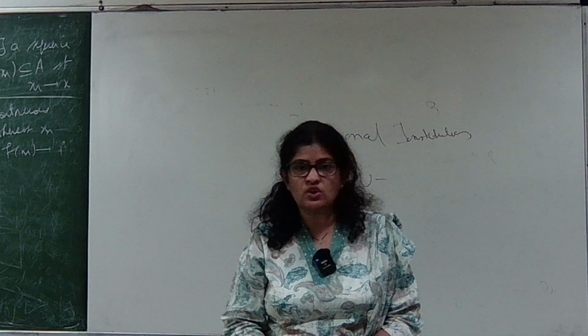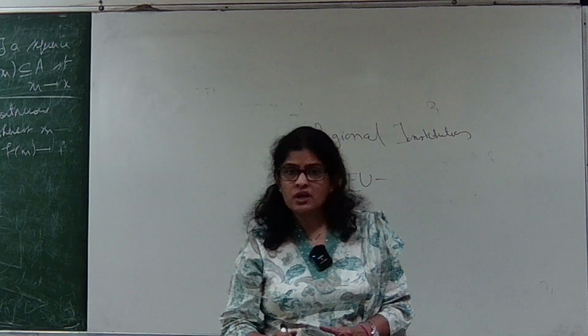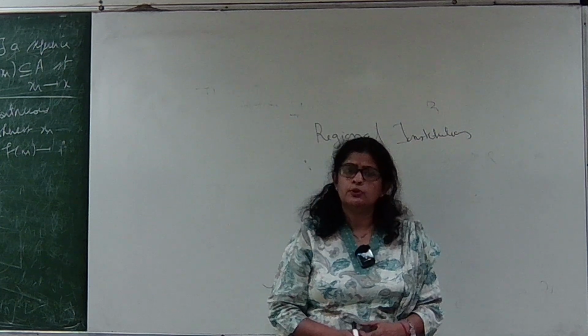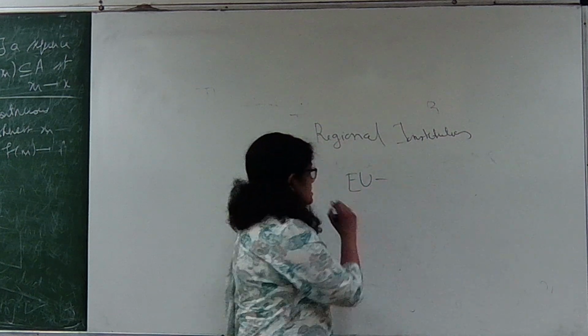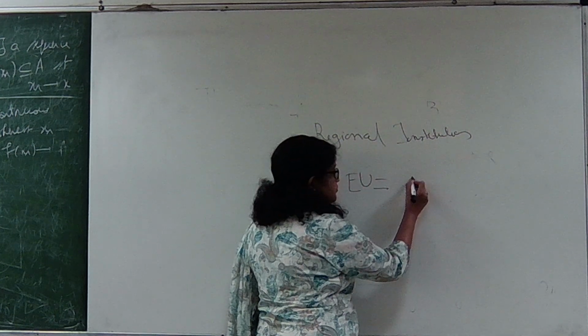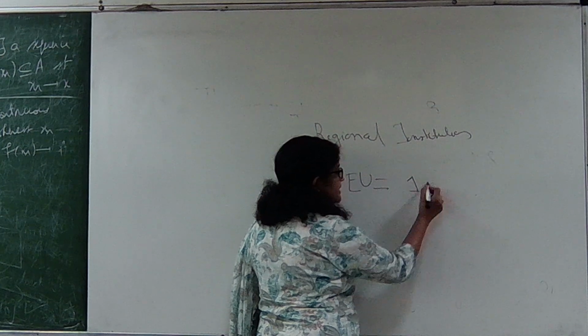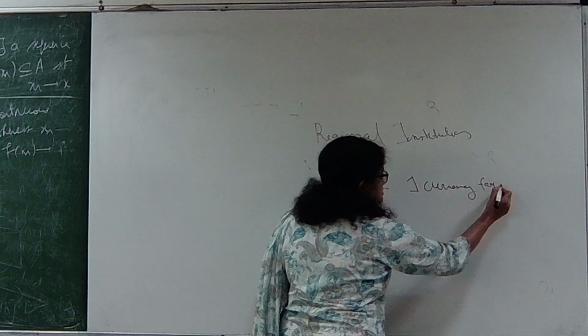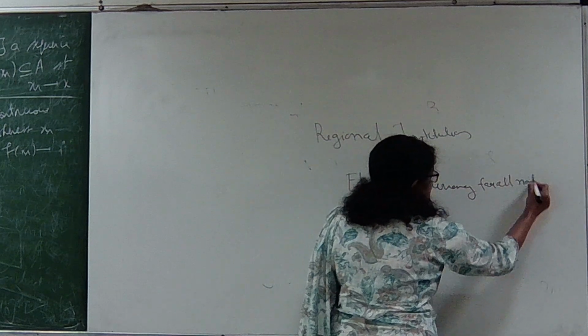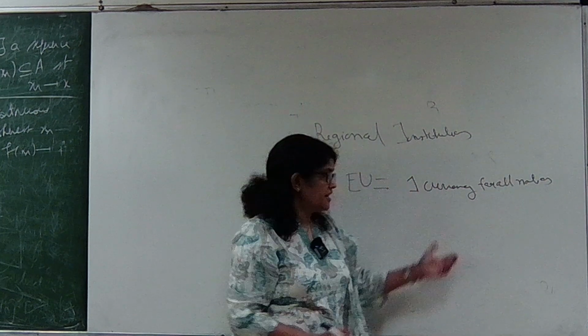What was the reason for coming together? The only reason is that there should be no trade barriers across these countries. The European Union has just one currency for all the nations, that is the euro.